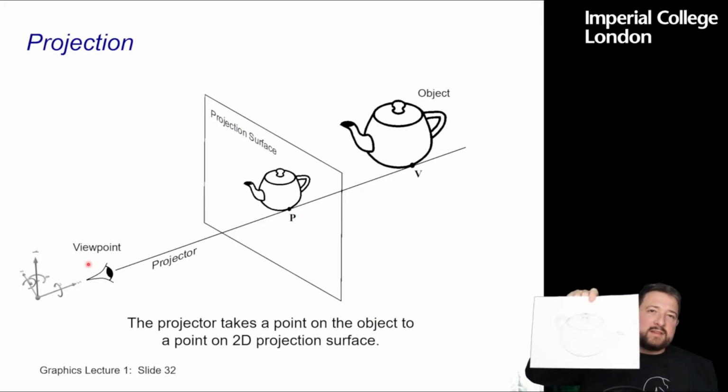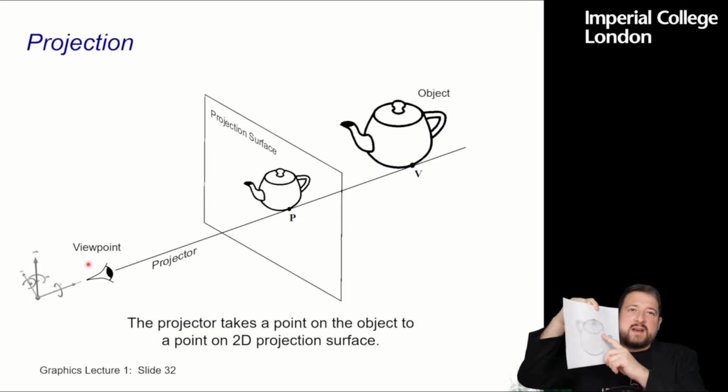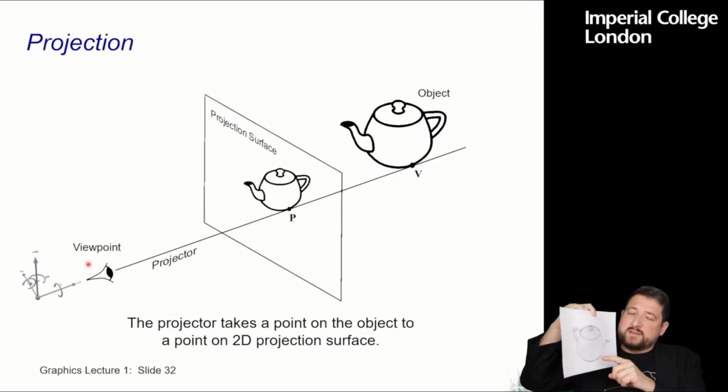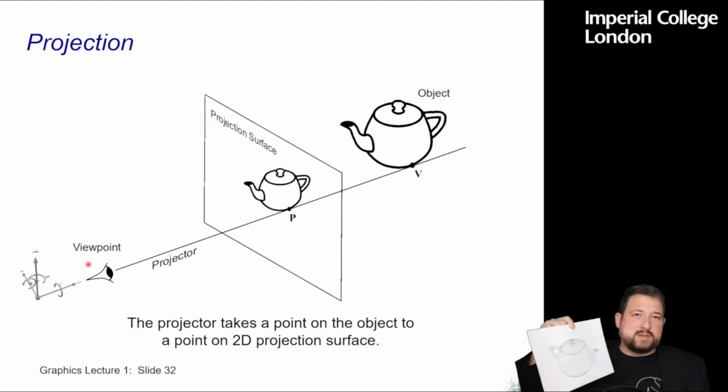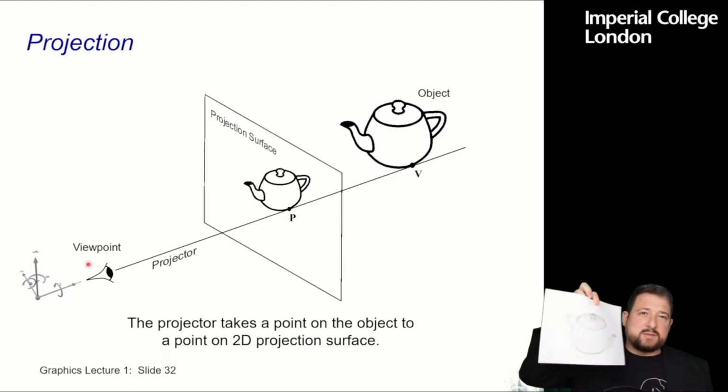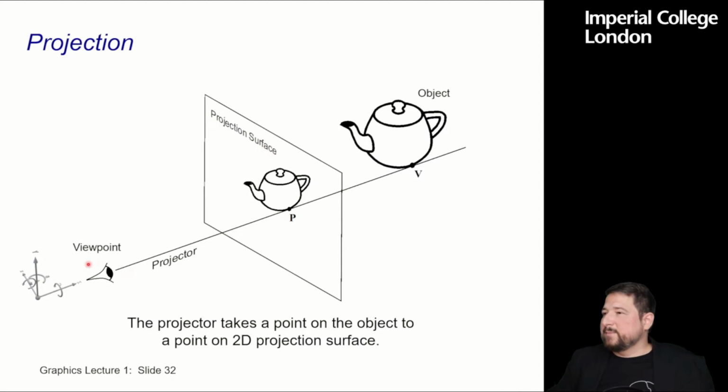Still, our brain is able to make a 3D object out of these points. Well, there are some depth cues missing, like stereo and so on, but we still know, well, that kind of looks like a teapot. Okay, and we can still build a relationship here between this point V, which is really in a 3D scene, on, in this case, the silhouette of this teapot, to a point P in 2D here.